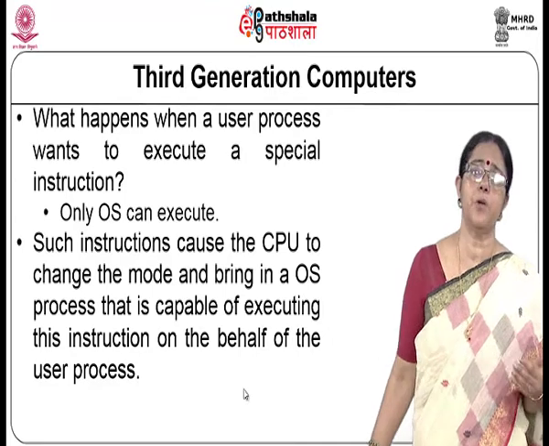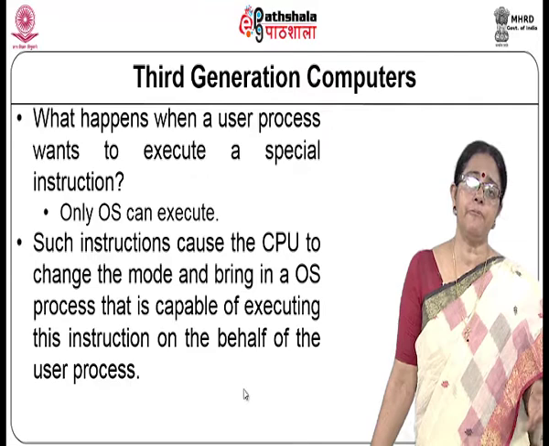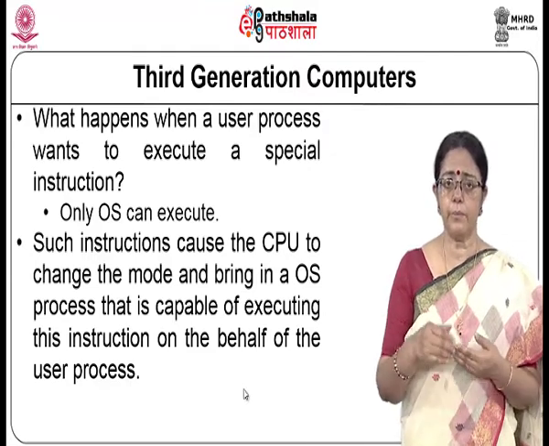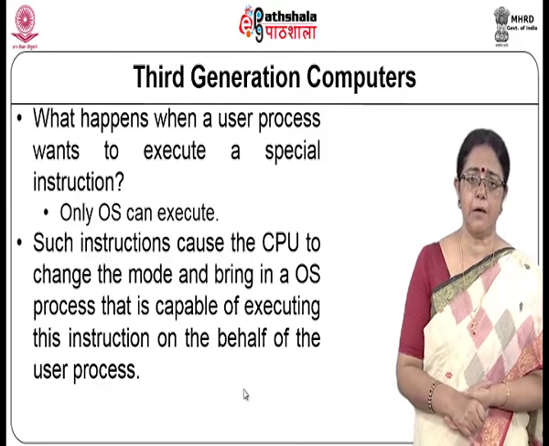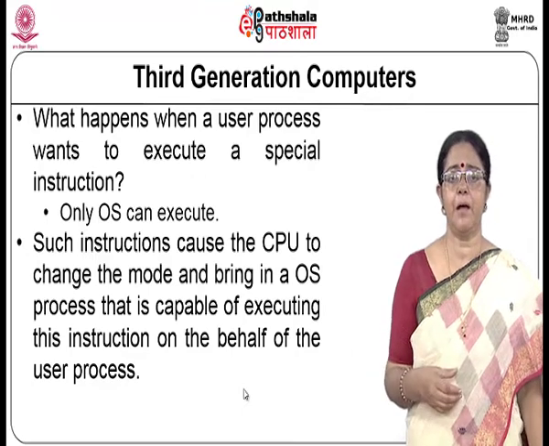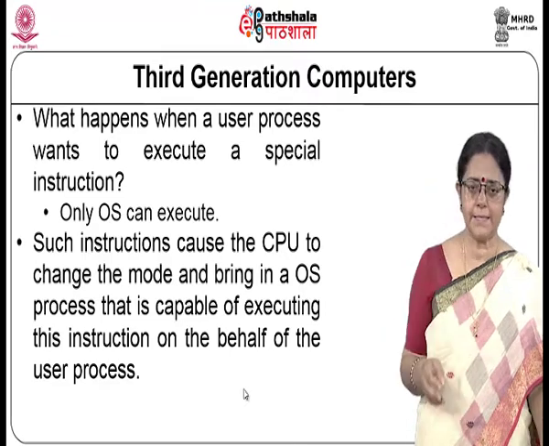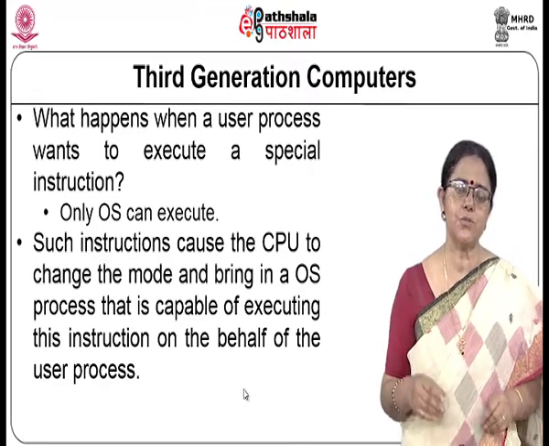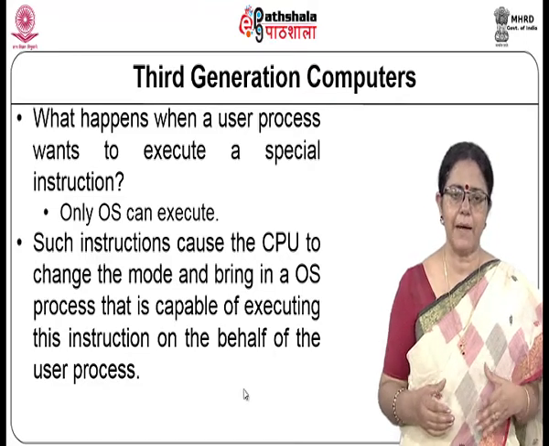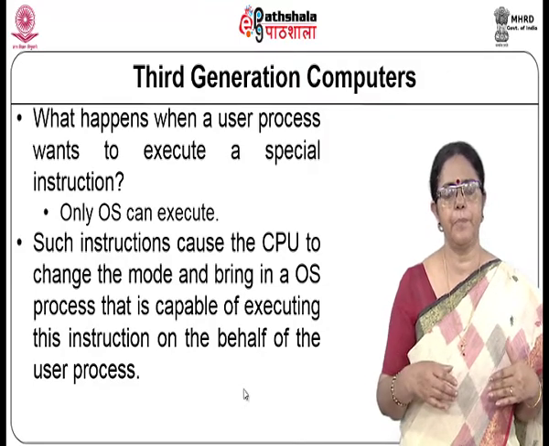That OS process in the privilege mode will run those instructions on behalf of the process which wanted to run them. So, we must have seen in operating systems that whenever a process wants to bring a file from the hard disk, or wants to interact with another process running in the system, it has to generate what is known as an interrupt. So, generating an interrupt is nothing but calling the operating system to help with the change of mode.